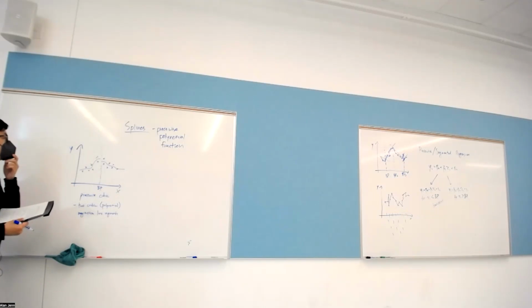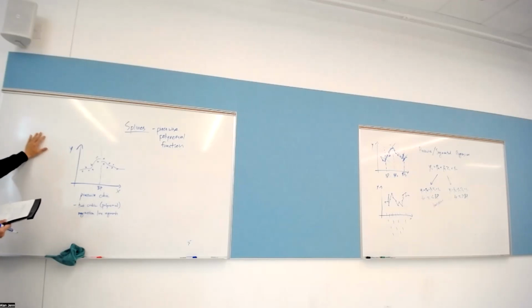So one of the things that I'll say about this is that with splines, when you combine piecewise and polynomial, you have many, many degrees of freedom, right? You have a lot of flexibility because I could be adding lots of polynomial terms or I could be adding lots of breakpoints.